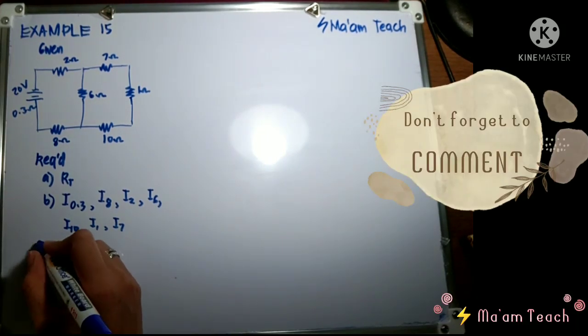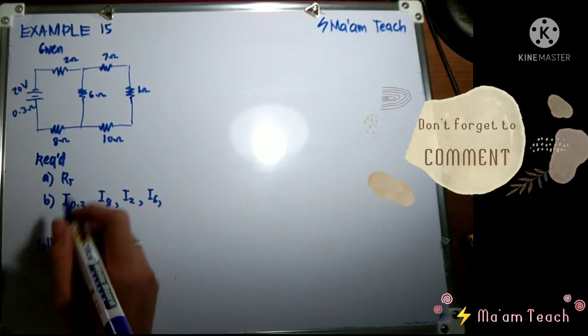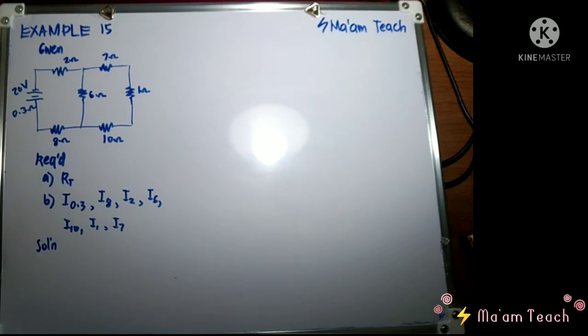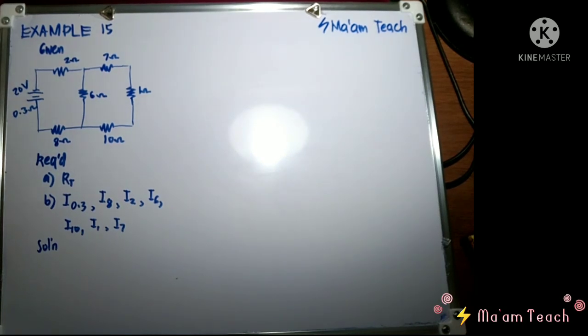Now, in order for us to solve it, for the total resistance first, we have to simplify our circuit because as you can see, it is complicated. We will be applying our principles from series as well as parallel to simplify this circuit.